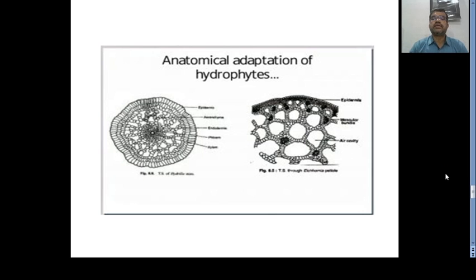And this is another picture showing the air cavities in the cortical region and also the poor development of xylem and phloem on the other side of the diagram.